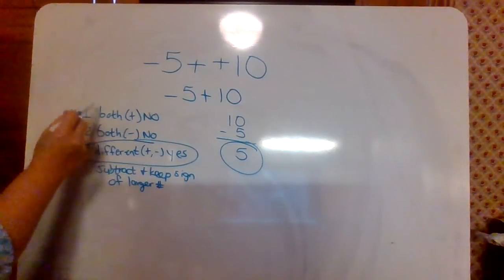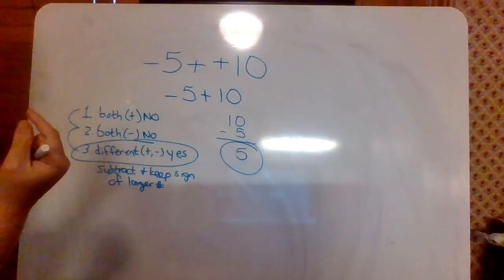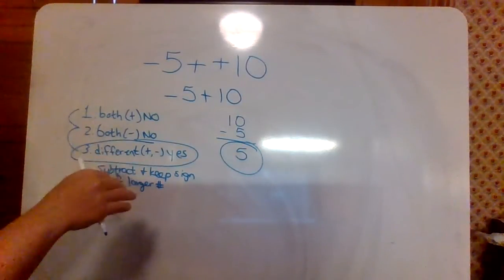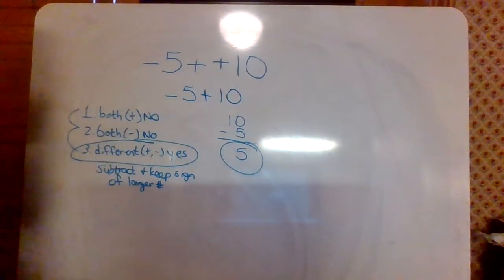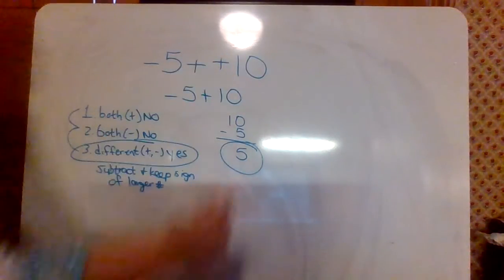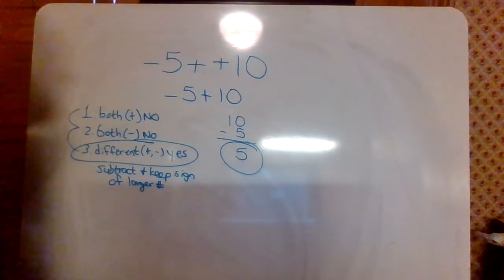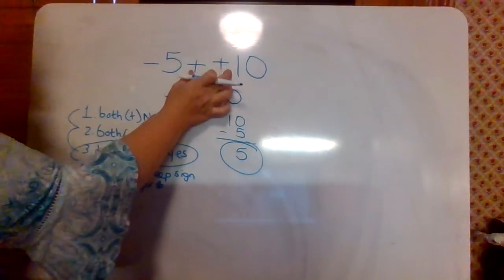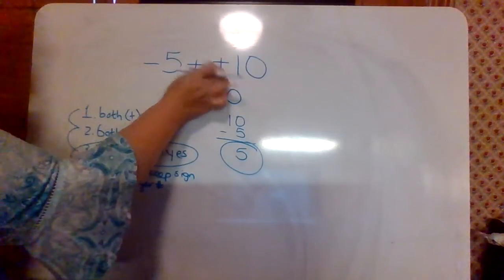Okay? So if you can remember those 3 questions to ask yourself and the rules that go with them, you will not get these wrong. But I wanted to make sure we talked about when you have 2 negatives beside each other, they do cancel each other out and they become a positive. But they literally have to be side by side. One can't be here and one over here.